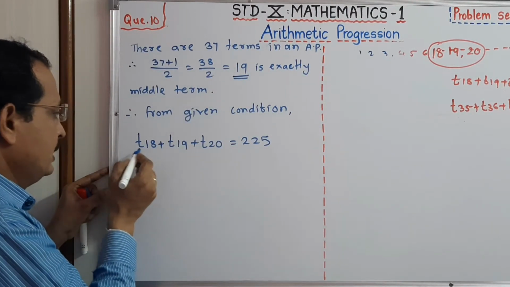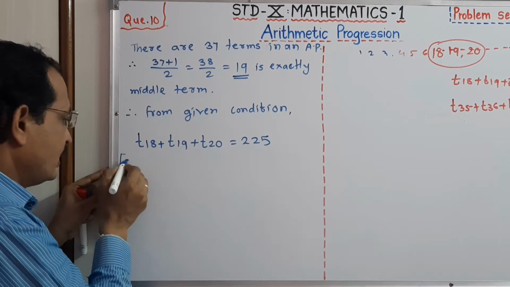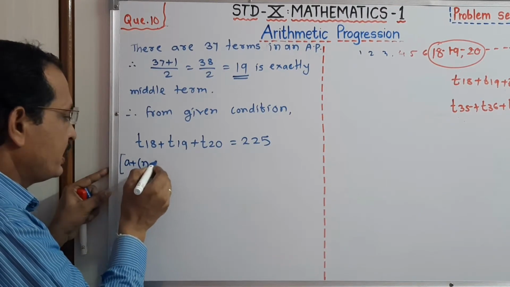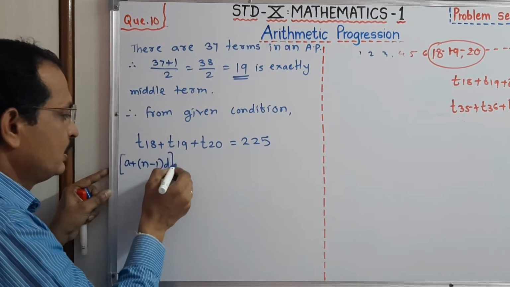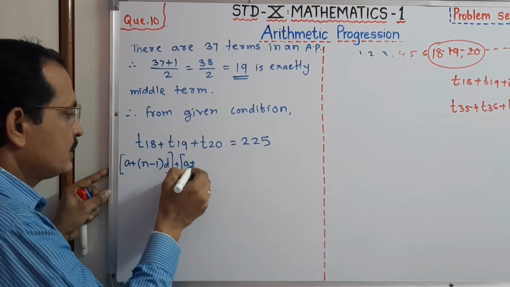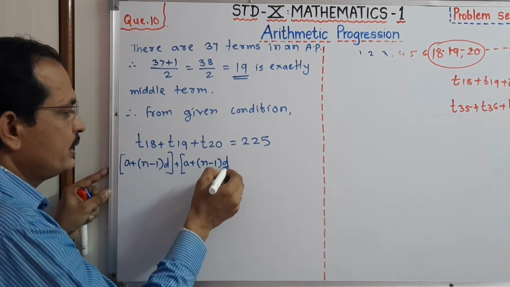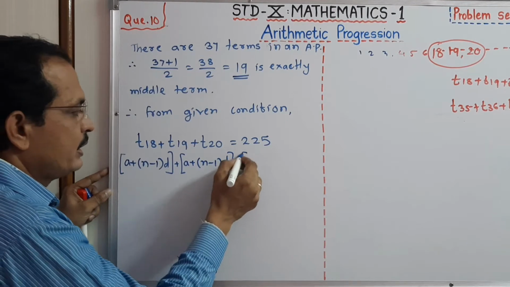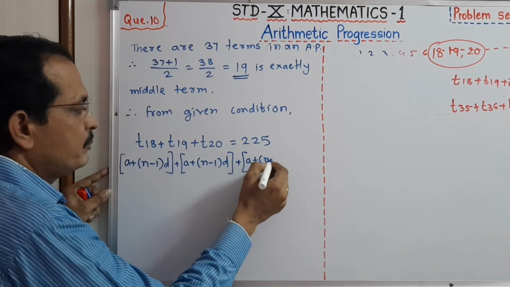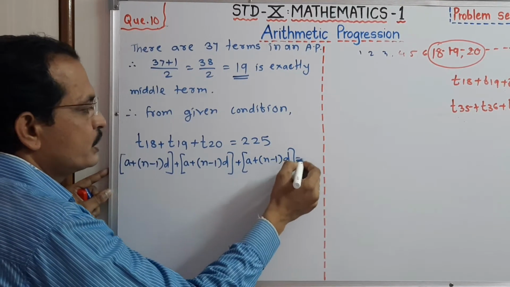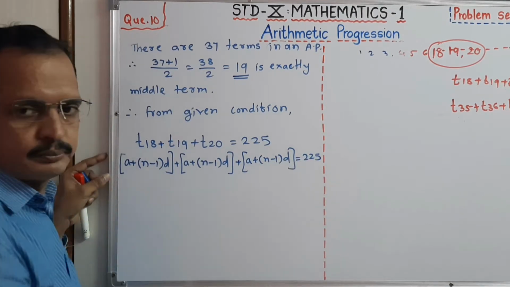Therefore, T18, that means a plus n minus 1 into d, plus a plus n minus 1 into d for T19, and a plus n minus 1 into d is equal to 225.